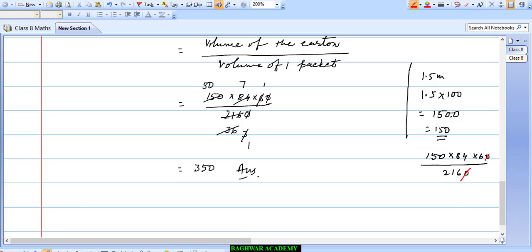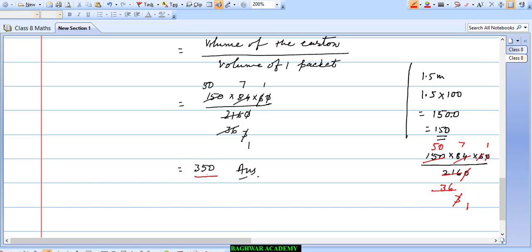Then 6 ones are 6, 6 threes are 18, and 6 sixes are 36. Then 12 threes are 36, 12 sevens are 84. Then 3 ones are 3, and 3 fives are 15, and 0. What is left? 50 into 7, and that is 350.